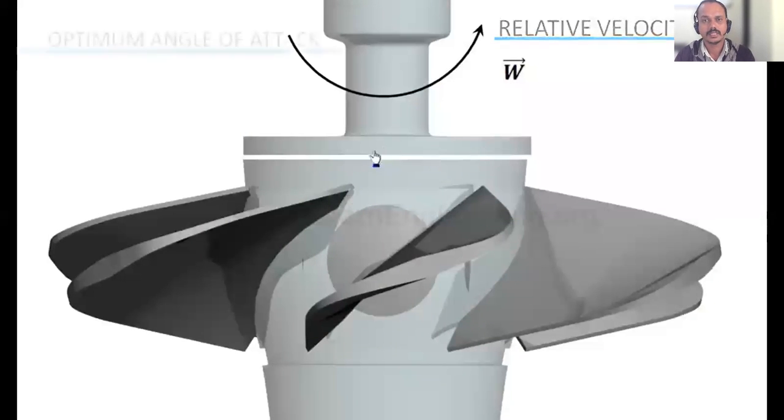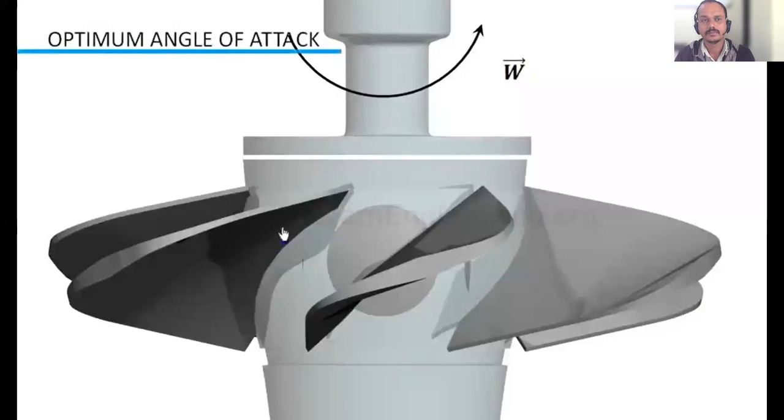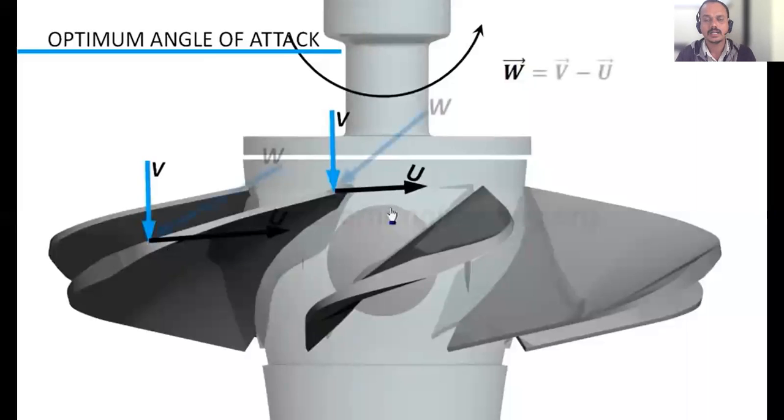This is related to the relative velocity and that angle, which is a part of the calculation to find out the efficiency of this turbine. So this is the velocity, or we can say a relative velocity, and this is another velocity. So again, we have calculations on the Kaplan turbine, so we can find out its efficiency.